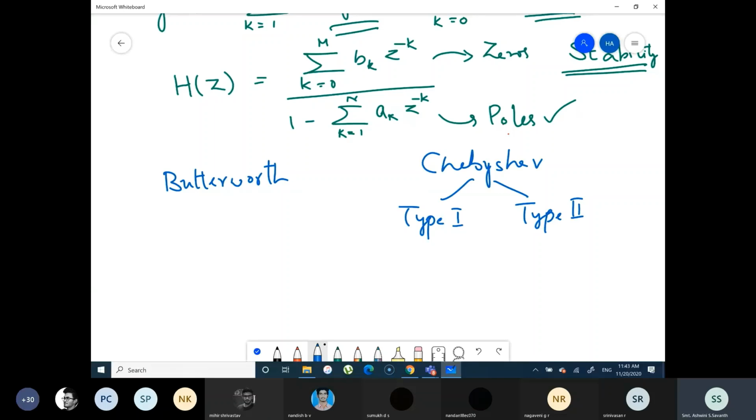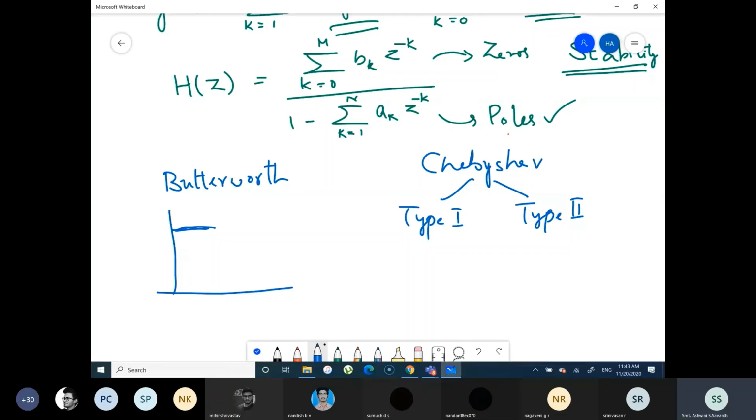So the difference between these filters is the way in which the frequency response of the filter is defined. When we design a Butterworth filter, it has a monotonic passband. What do I mean by saying monotonic passband? It has a flat passband. Otherwise, there could be ripples in the passband and the stopband.